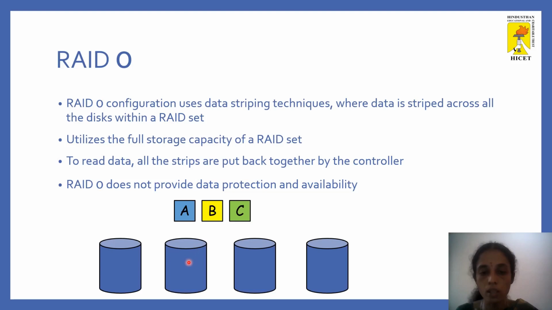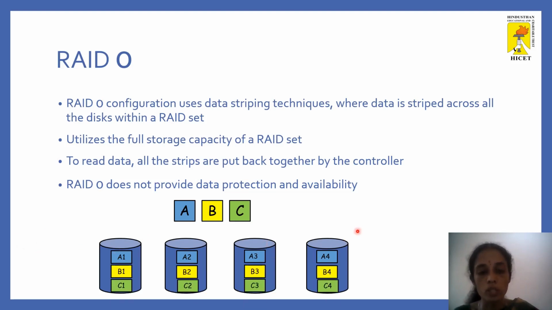So the data is split into A1, A2, A3 and A4, spread across the disks, and stored. This is called the striping technique. RAID 0 uses striping and does not provide any data protection. It only stripes the data and stores it in the disk drives or RAID array.